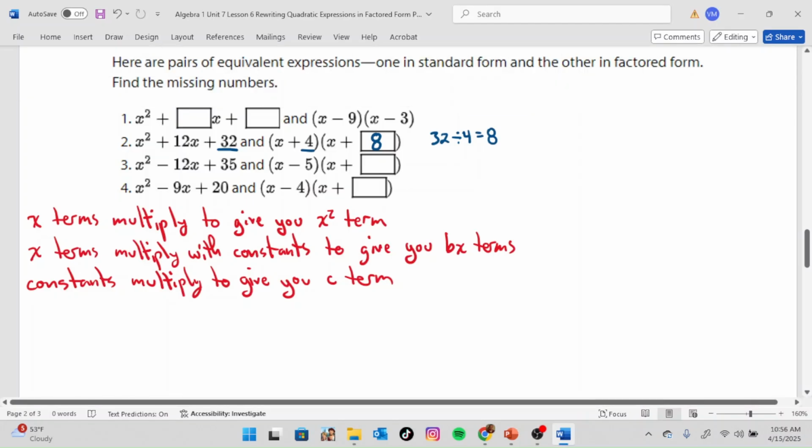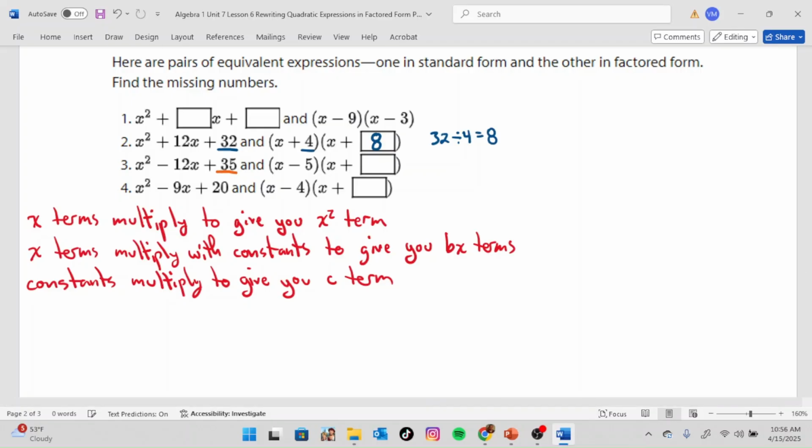Now we can look at number 3. I'm going to take that C term, 35, and I'm going to divide it by the constant that I do know in the factored form, which is negative 5. Now, if I divide a positive number by a negative number, then I'm going to get a negative number.